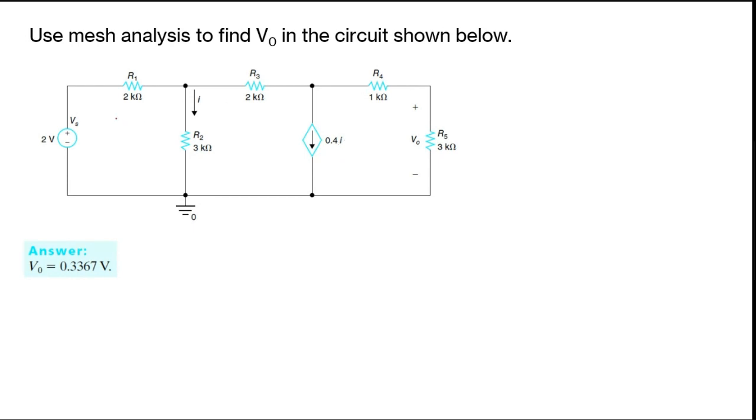You have 3 meshes, where let's say this is I1, this is I2, and this is I3. So your super mesh is in between what mesh current? Where does your super mesh happen? I2, I3. Okay, I2 and I3, right?